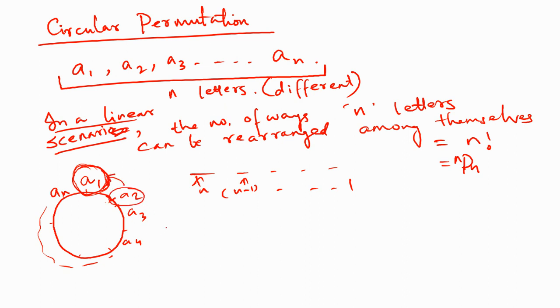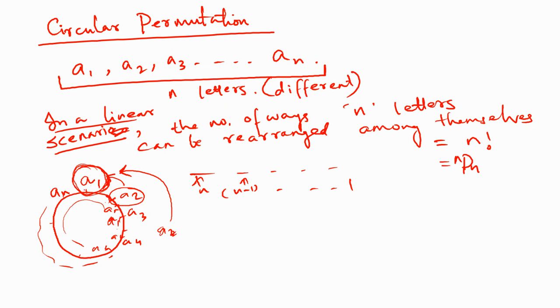In the next scenario, a2 can say, I am sitting here, three spots away from a1. Now if we don't fix this spot, a1 can be here again, a2 is here again, and we think it's a different scenario. Similarly, say the arrangement is a1, a2, a3, a4, a5, up till an, and in another scenario the same order is rotated, and we would consider it a different scenario.